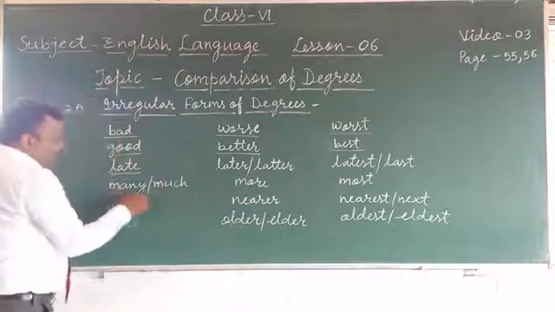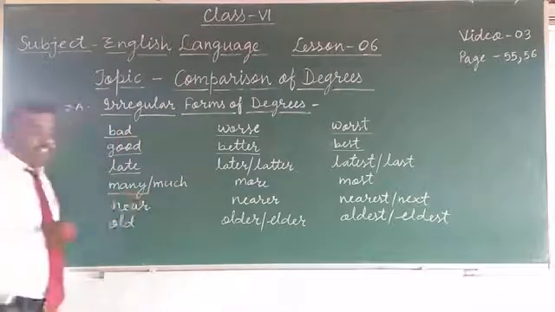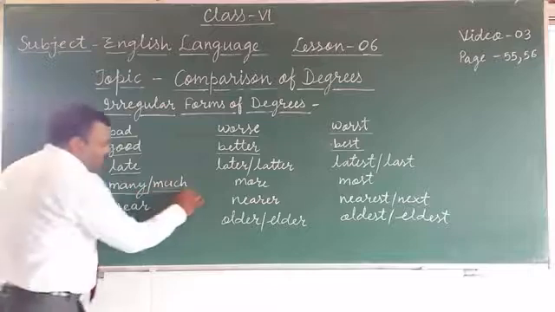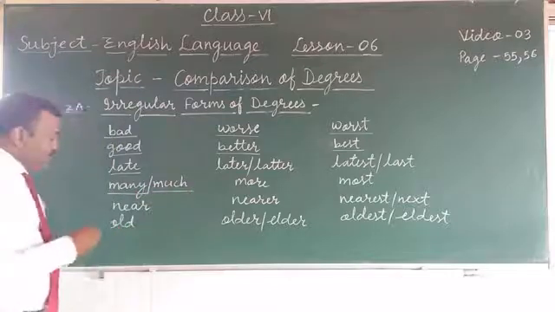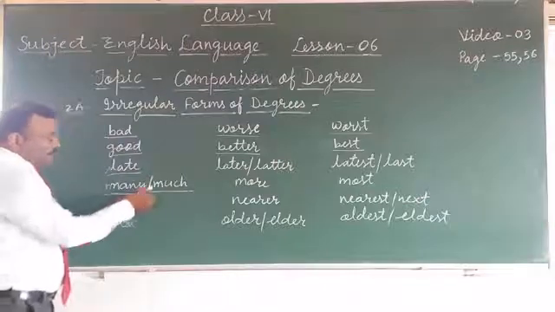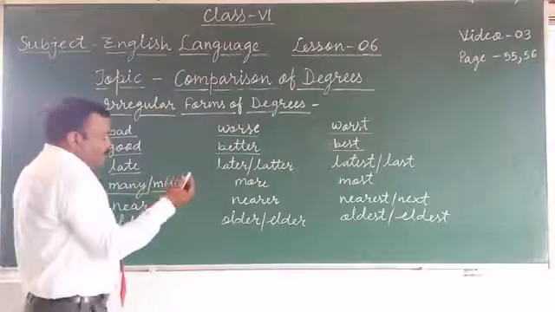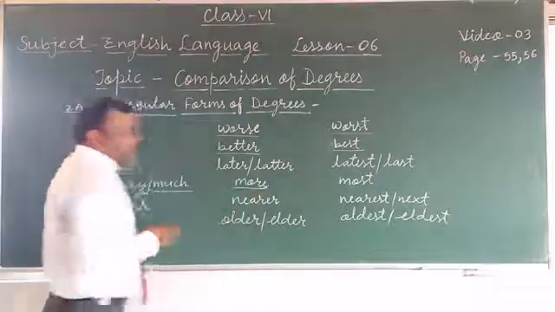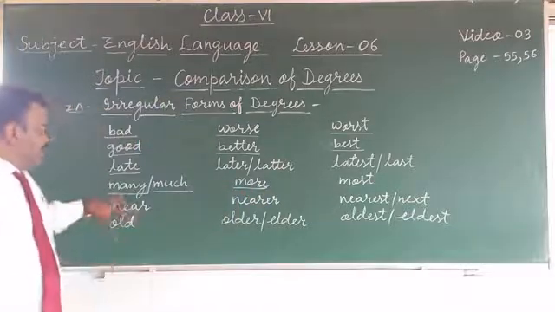Then here many and much. Many shows number and much shows quantity. Okay. Many shows what? Many shows number, much shows quantity. But their comparative and superlative are same.